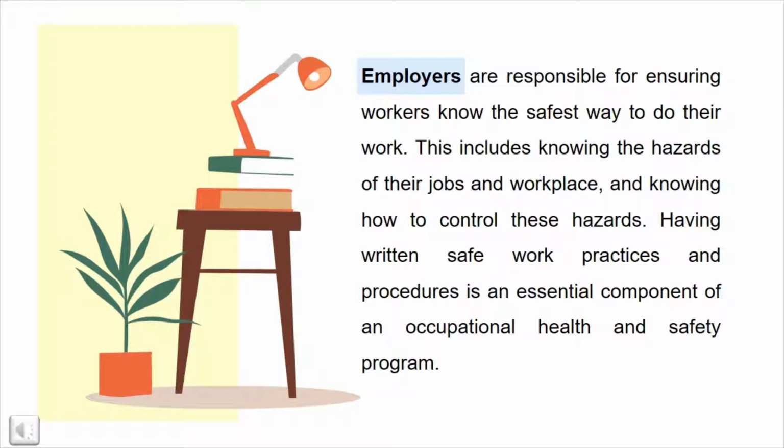And having written safe work practices and procedures is an essential component of an occupational health and safety program, OHS. Ang OHS ay may procedures na nakalaan, and hindi lang ito basta susundin, dahil kailangan may goal ka kung bakit ito susundin o gagawin. And ang goal na ito ay mapanatiling maayos at ligtas ang lahat.